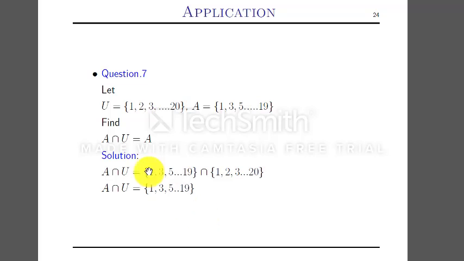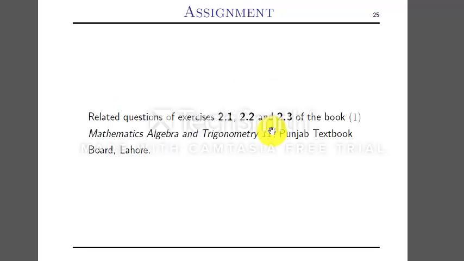Similarly, if we want to calculate A union U, the answer will be U, because U is the greater set than A. In intersection we write the smaller set, and in union we write the greater set.